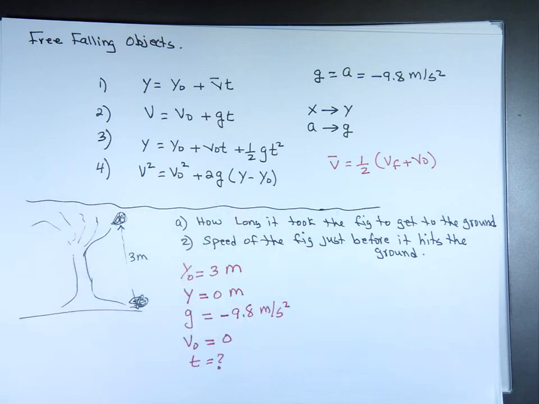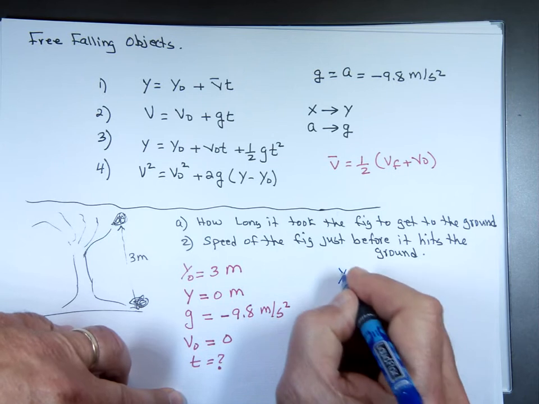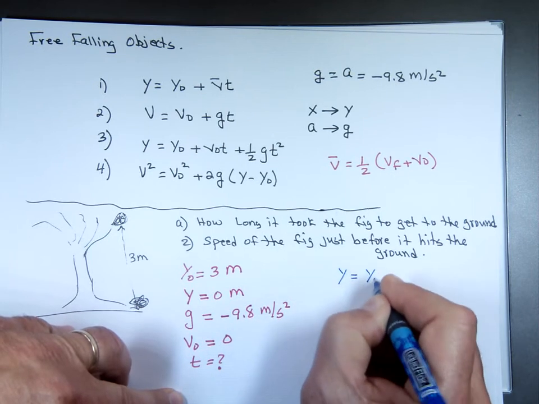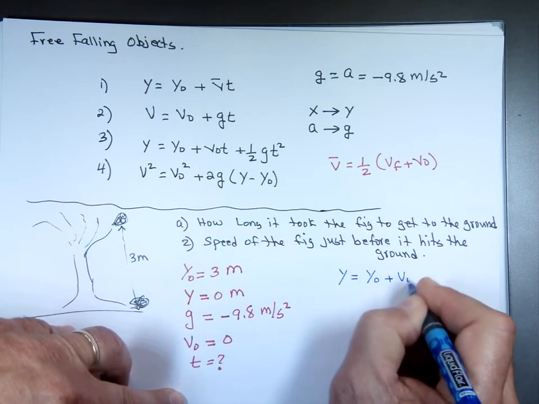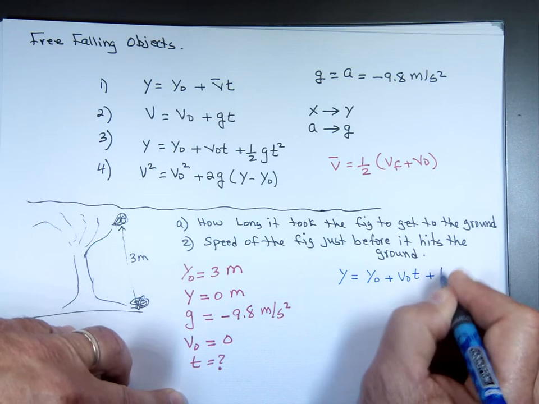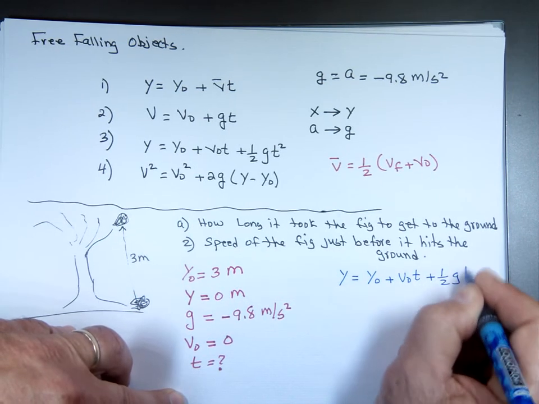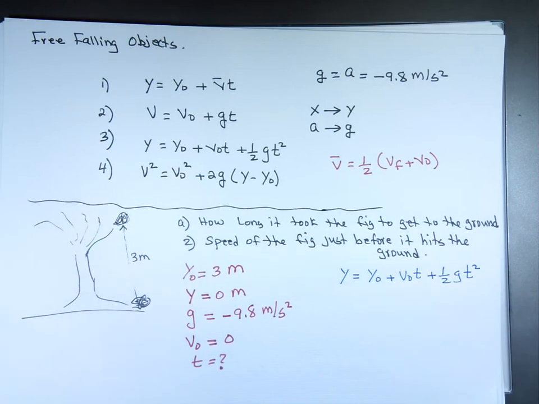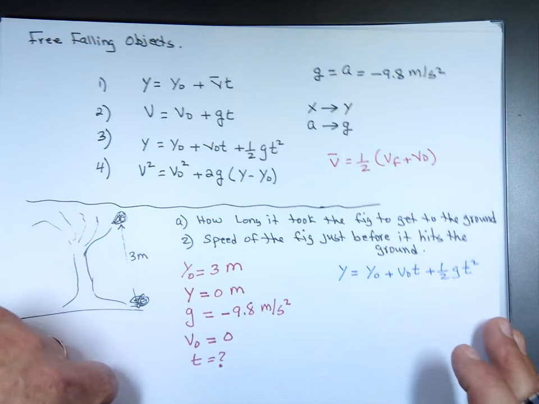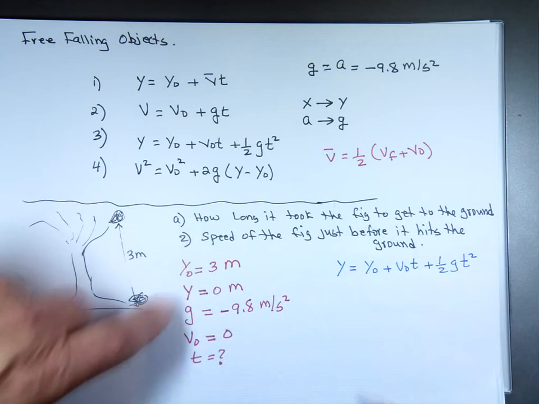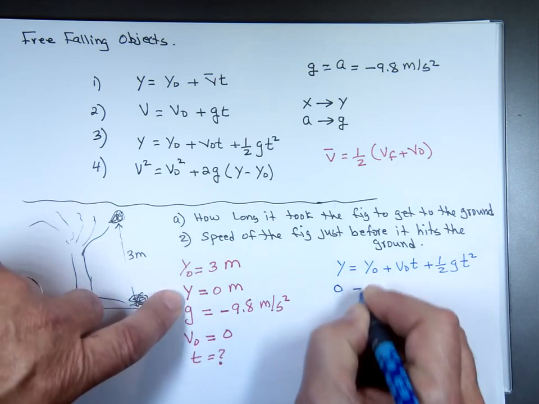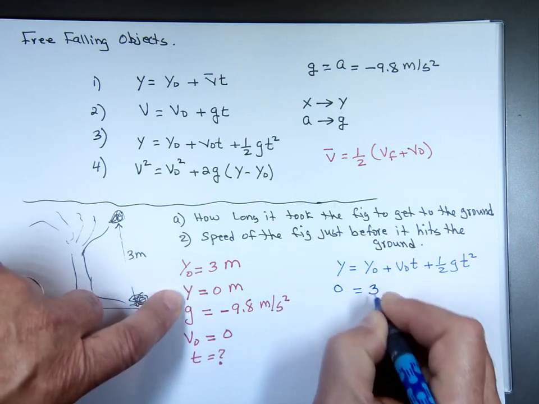How about the third one? y equals y sub 0 plus v0t plus 1/2 gt squared. So let's plug in what we know. Do we know what y is? 0. Initial is 3.